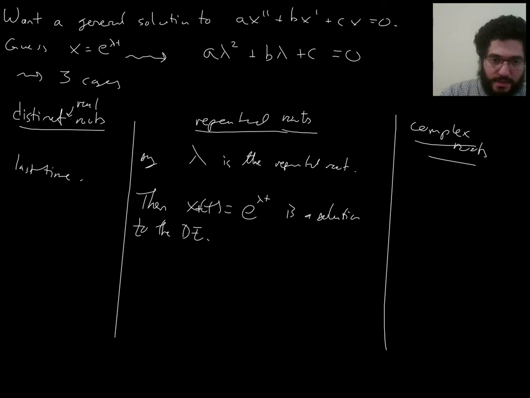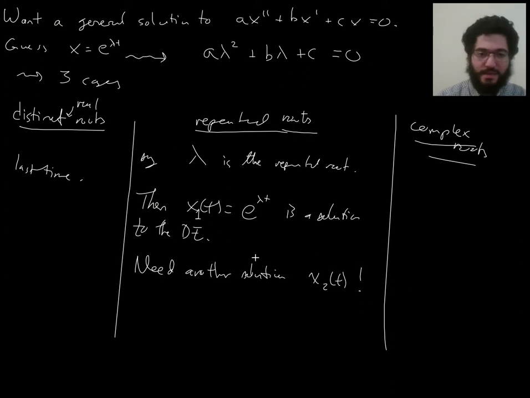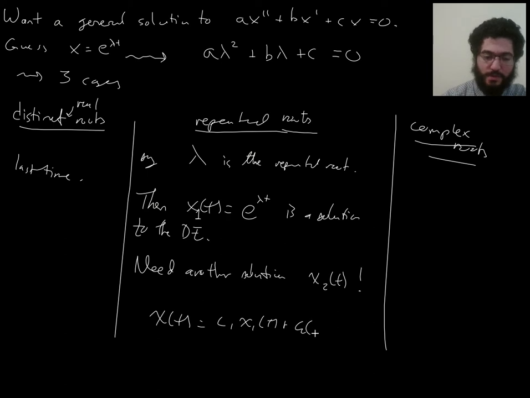Okay, so this is x sub 1. We need another solution, x sub 2. And then if we got another solution, x sub 2, we could write our solution as c1 x1 plus c2 x2. That's the idea.